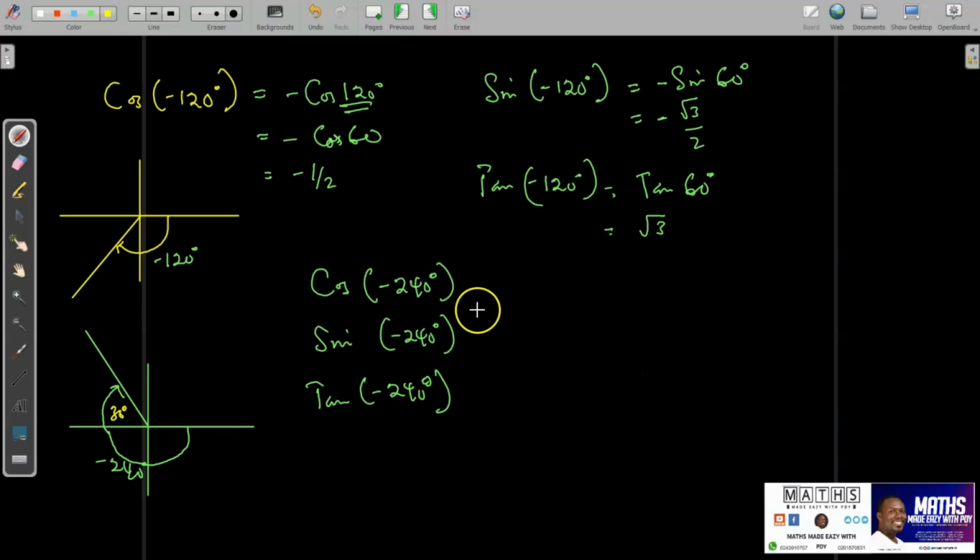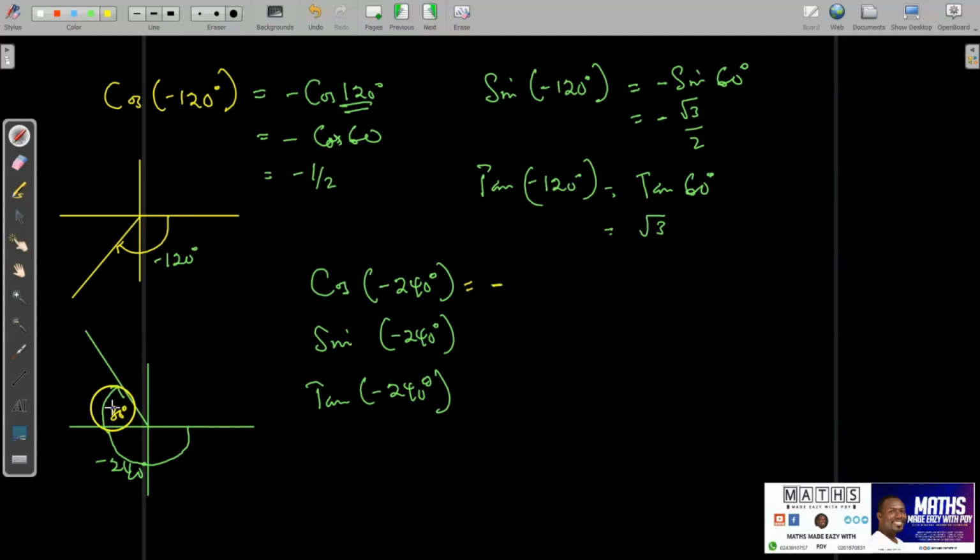In other words, cos of 240 should be negative. Are you sure that it's 30 degrees? Is it 30 or 60? Check it for me. Is it 240 minus 180?